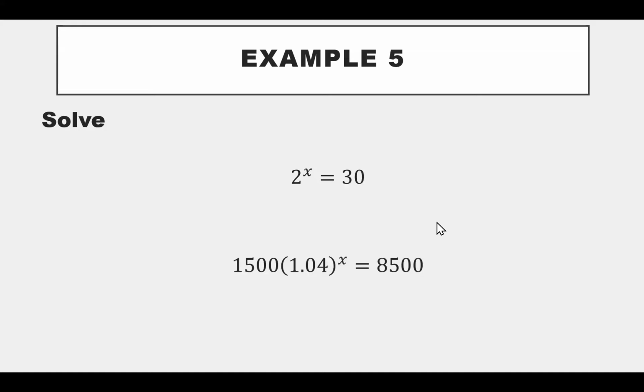If we have other bases, we can do a similar thing, but there's not a direct key on my calculator with base 2 or base 1.04. These two are still doable. We just have to be a little bit clever how I take a log base 2 or a log base 1.04. If you want to try these on your own, obviously push pause on the video. In a couple of seconds, I'll show you how to do these too.